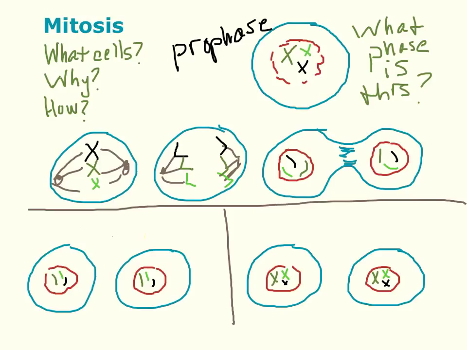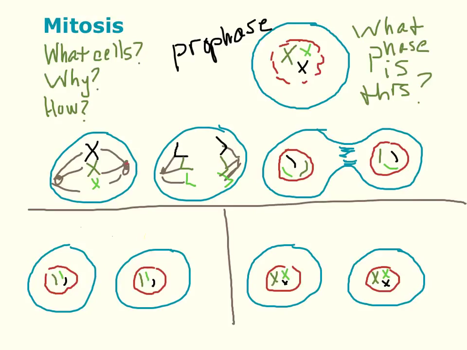So to review what happens, in prophase, our chromosomes condense to become visible. The nucleus starts to break down. In metaphase, they line up along the middle, and spindles attach to the chromosomes to get ready to pull them apart. These spindles are attached to centrioles.